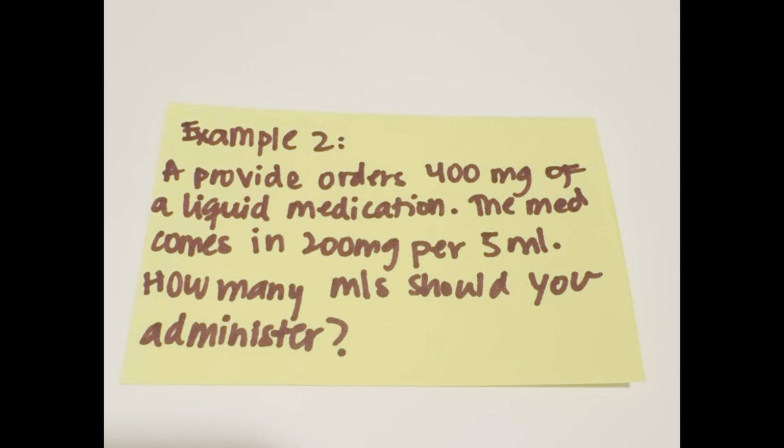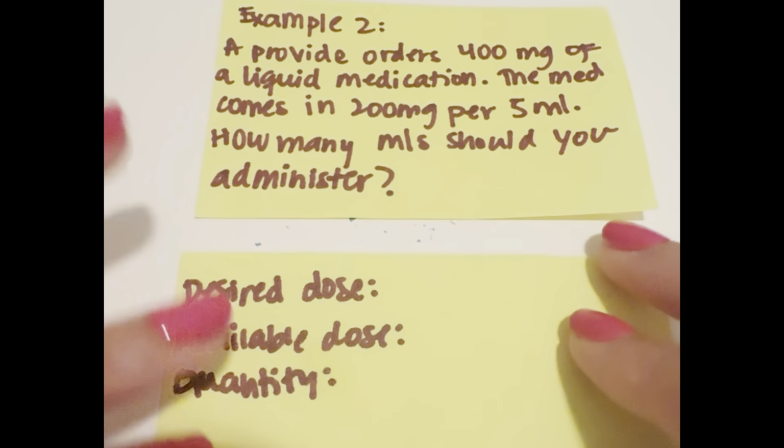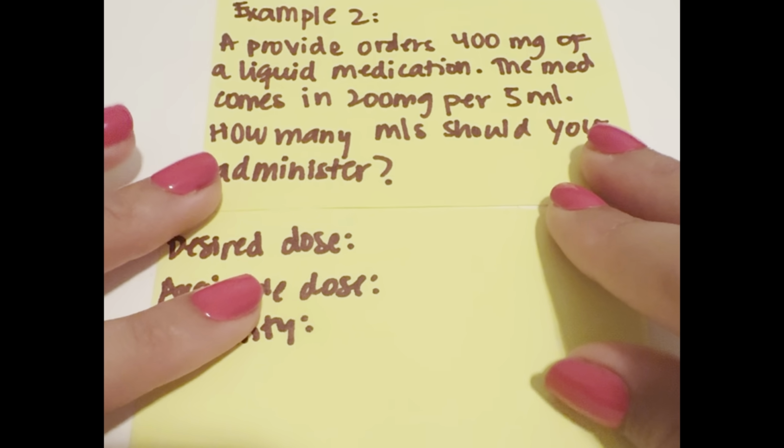All right, example 2 is a milliliter liquid medication. The provider orders 400 milligrams of a liquid medication. The medication comes in 200 milligrams per 5 mLs. So how many mLs are you going to give the patient? Same thing: you put desired dose, available dose, and quantity, and apply the formula.